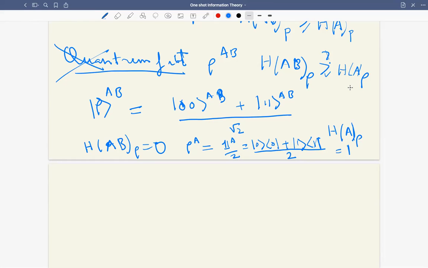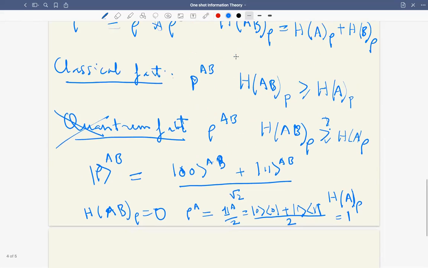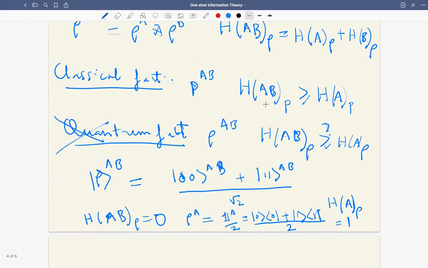Yeah, more to the point, this is where the quantum behaves very differently. Look at it the other way, like you go from system A to B. Classically, it can never happen that the support of the probability distribution on AB is smaller than the support of A. But quantumly, that can happen.